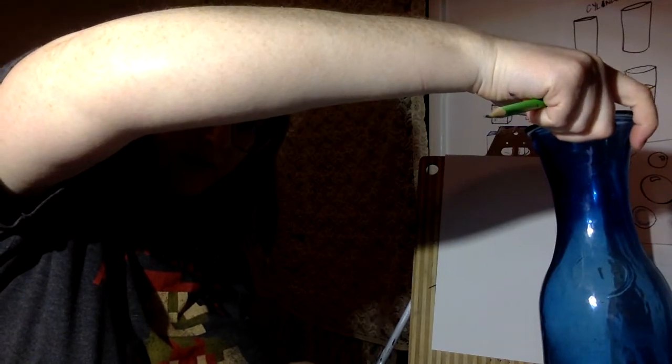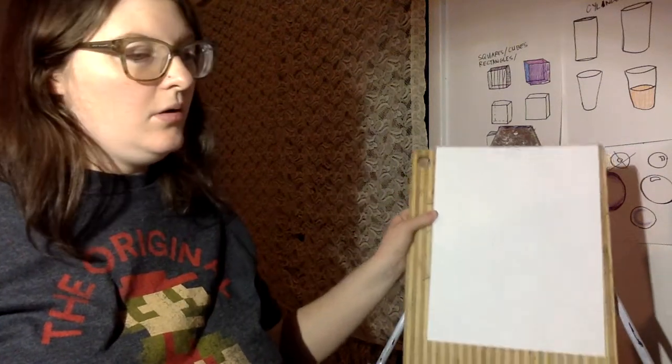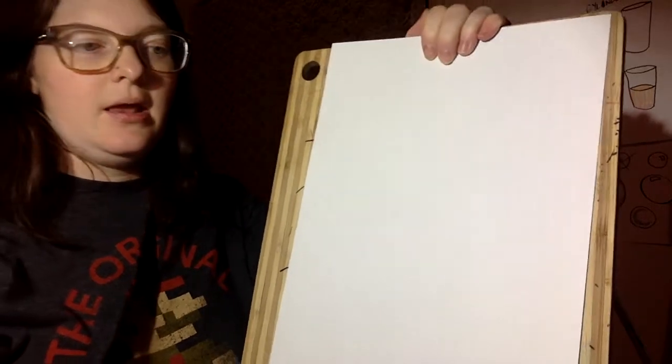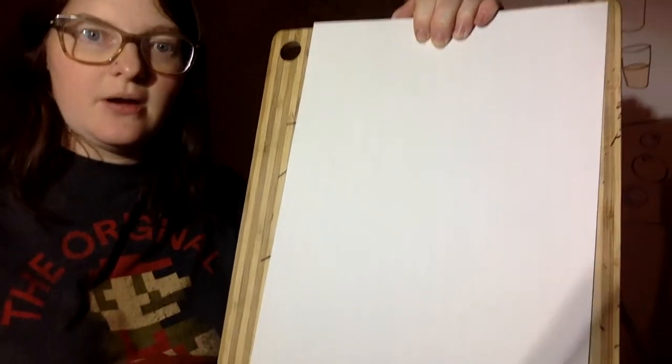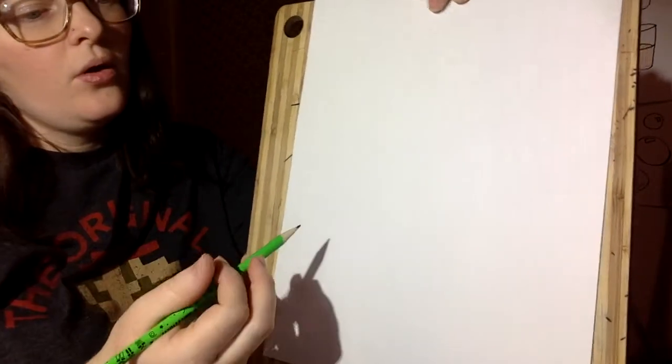So let's say you have a vase like this, right? So basically, I'm going to do this in pencil and eraser, and then I will go back in and do it in marker so you guys can see better. So basically, it's the same kind of thing, right?